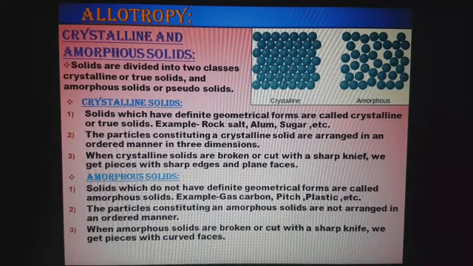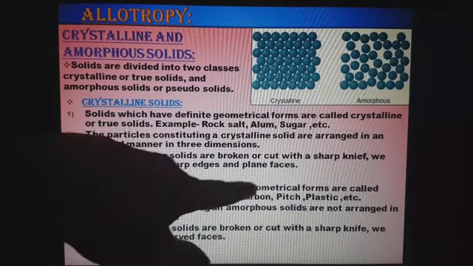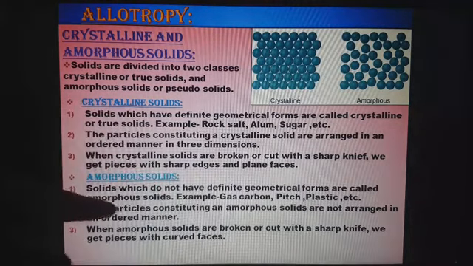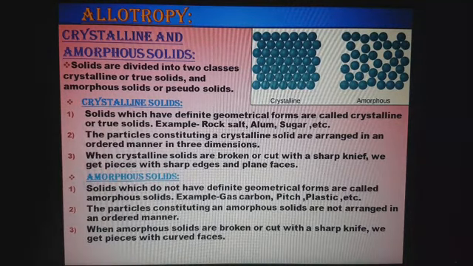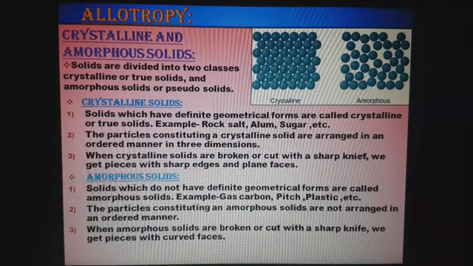So next is amorphous solids. Amorphous solids are also known as pseudo solids. Solids which do not have definite geometrical forms are called amorphous solids. So they do not have any definite geometrical form. Examples: gas carbon, then pitch, plastic.